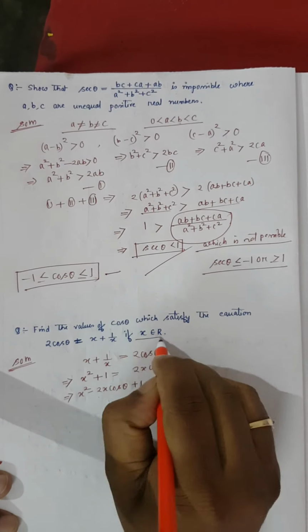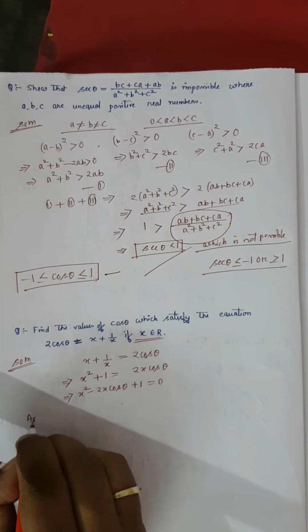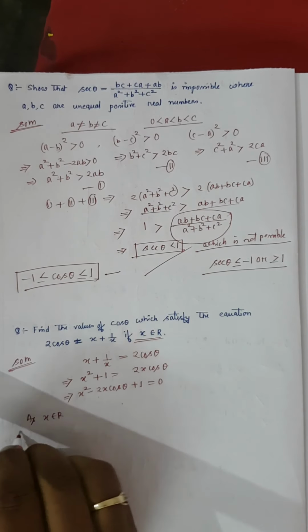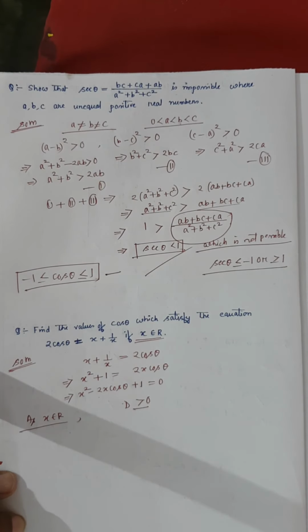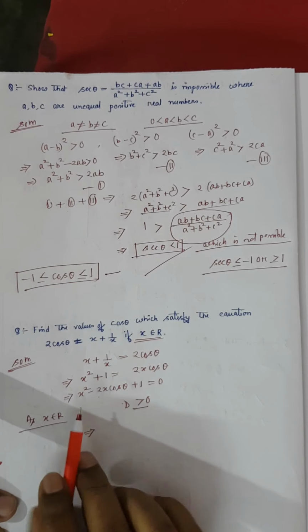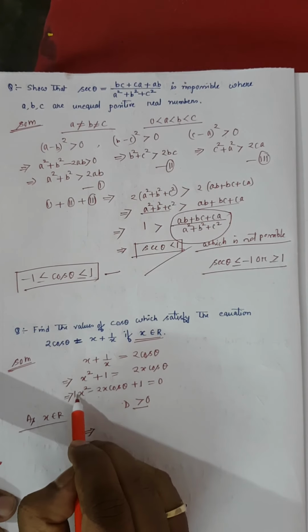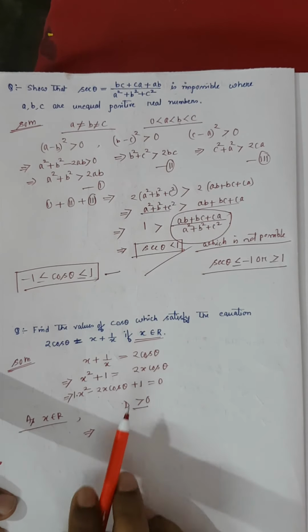You are given that x belongs to R, that is, a real number. So as x belongs to R, the discriminant will always be greater than or equal to 0. For real roots, your discriminant will always be greater than or equal to 0. So finding the discriminant, here the coefficient of x squared is 1, the coefficient of x is minus 2 cos theta, and the constant term is 1.